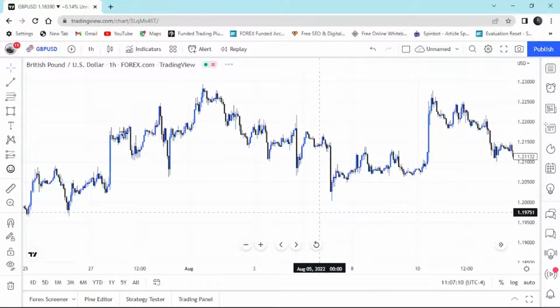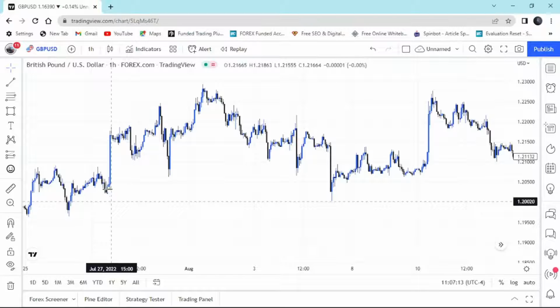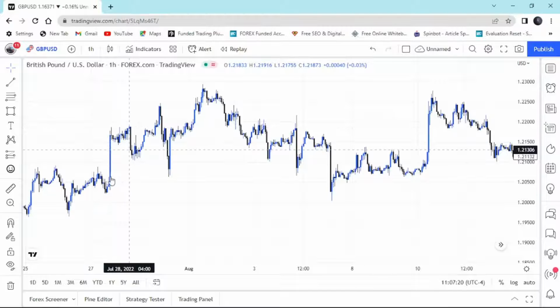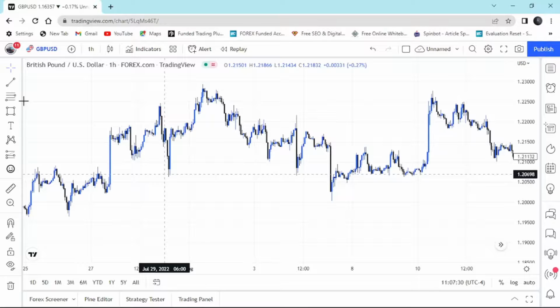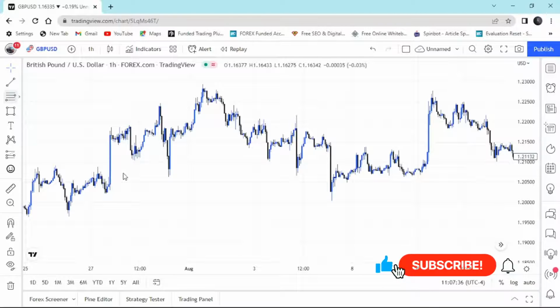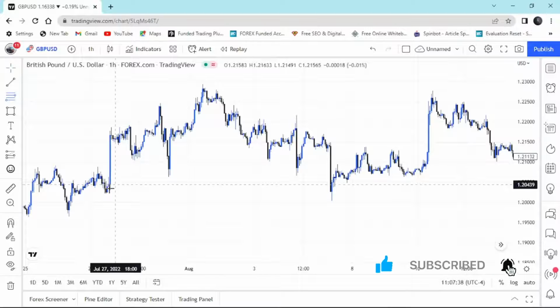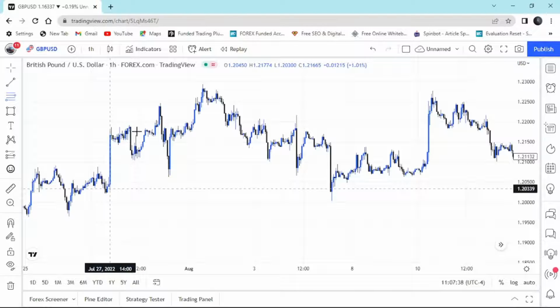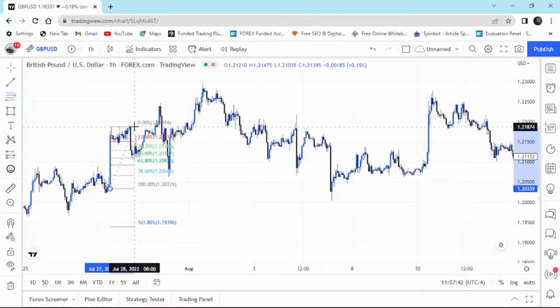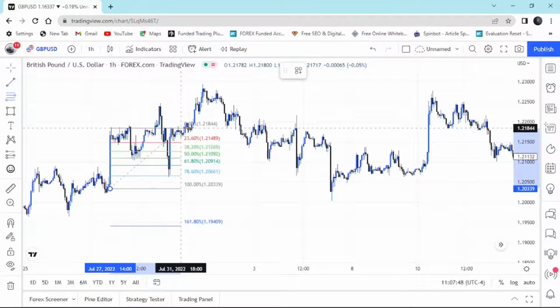Okay, take for instance, we have a shift in market structure here, and let's say we expect that market would reverse a bit. We don't want to enter at the closure of this candle. We want market to reverse a bit before we enter, and so let's check what the level is using the Fibonacci tool. We'll pick the Fibonacci, and then we'll measure from the bottom now to the top, this time around to the high here, and then we extend right.